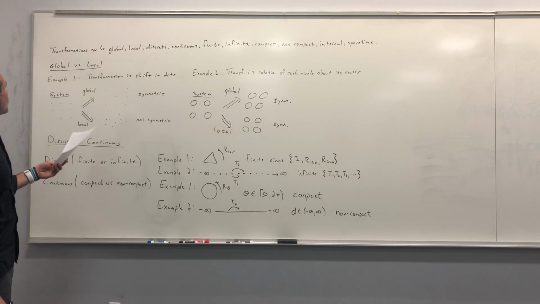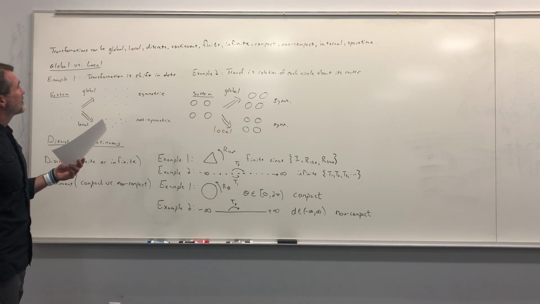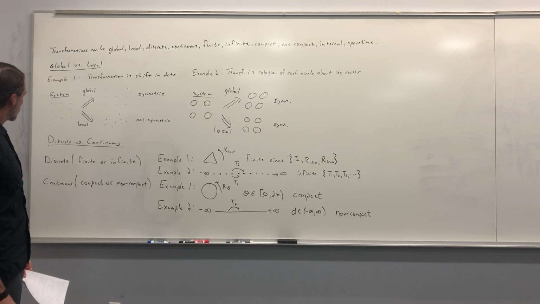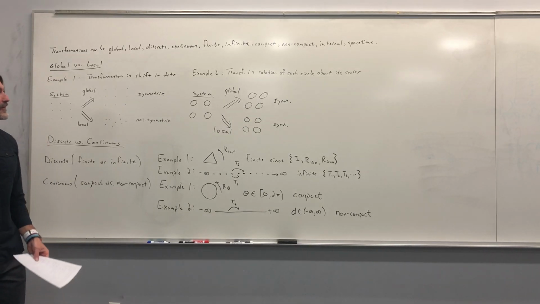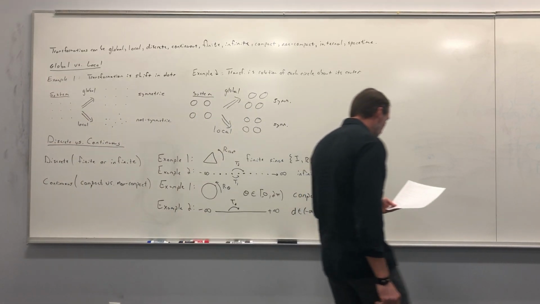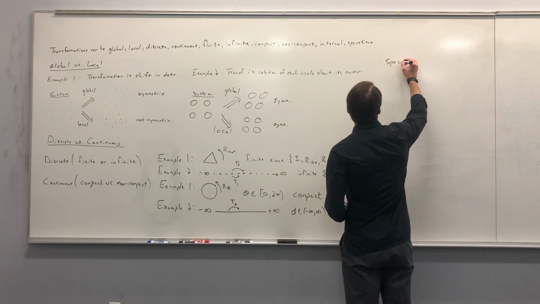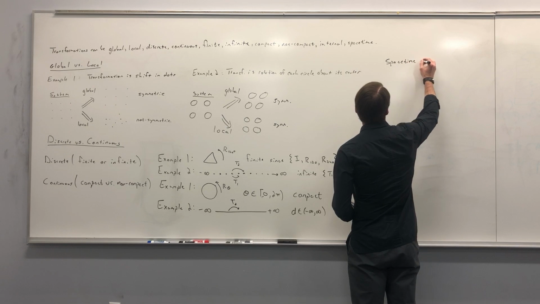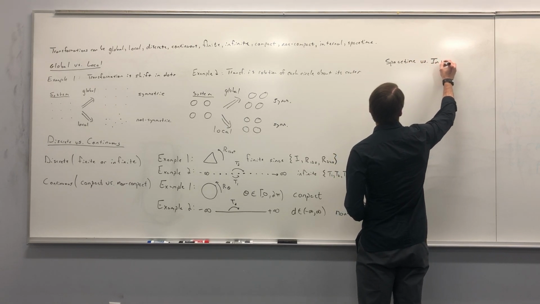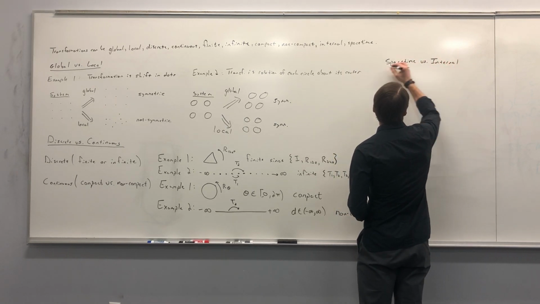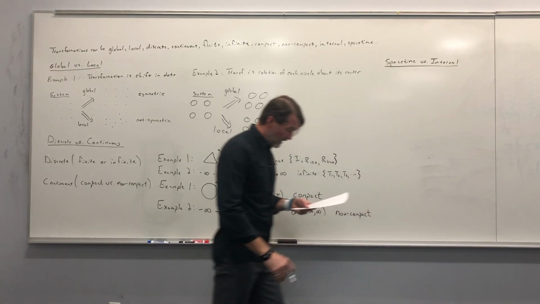Okay, so I've ticked off global, local, discrete, continuous, finite, infinite, compact, non-compact with those examples. Dang, that was pretty good. Okay, we got 2 more words. We've got space-time versus internal. All right.